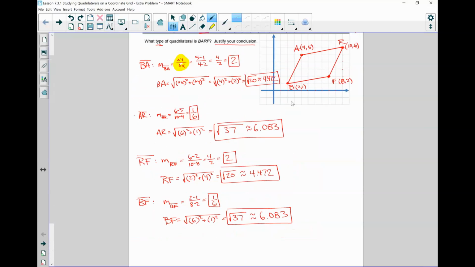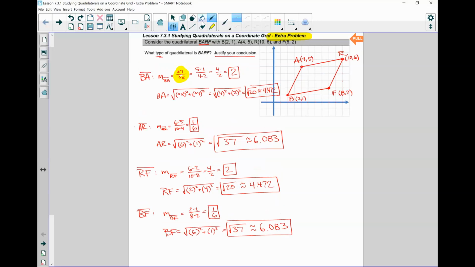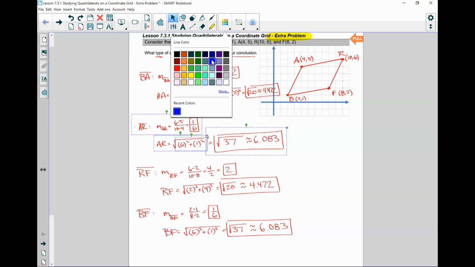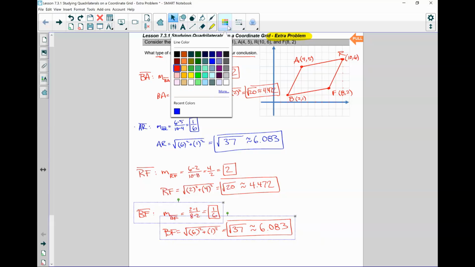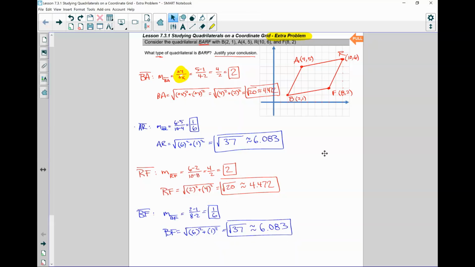Let's just take a quick look here. I'm going to change the color on a couple objects just for discussion. Let's make that blue. I'm going to do the same thing down here. And I'm doing that for a very specific reason. If we take a look at the things in red, you'll notice that segment BA has the same length as the segment across from it, RF.